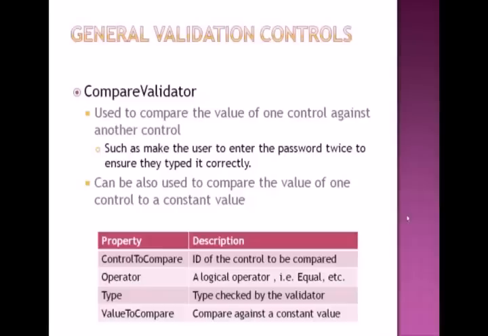If you're asking for a specific value, you can essentially think of it as a range validator with only one value in the range. The operator property determines the type of comparison operation, or logical operation, such as equal, greater than equal, less than equal, and so forth that you could use.